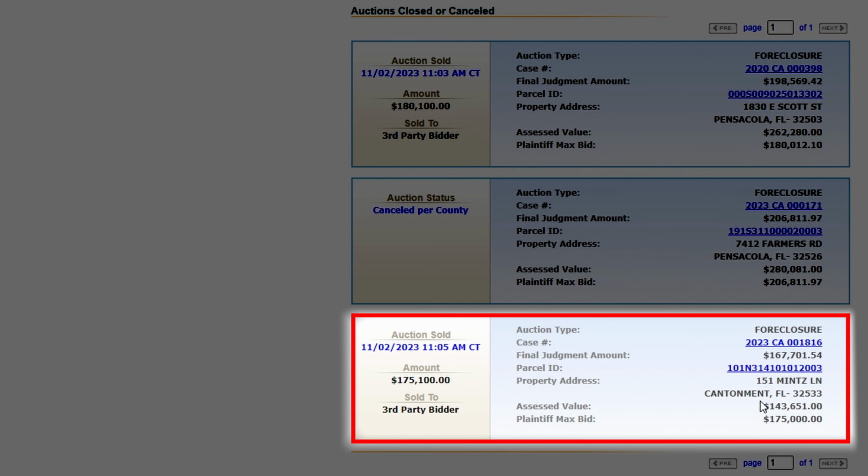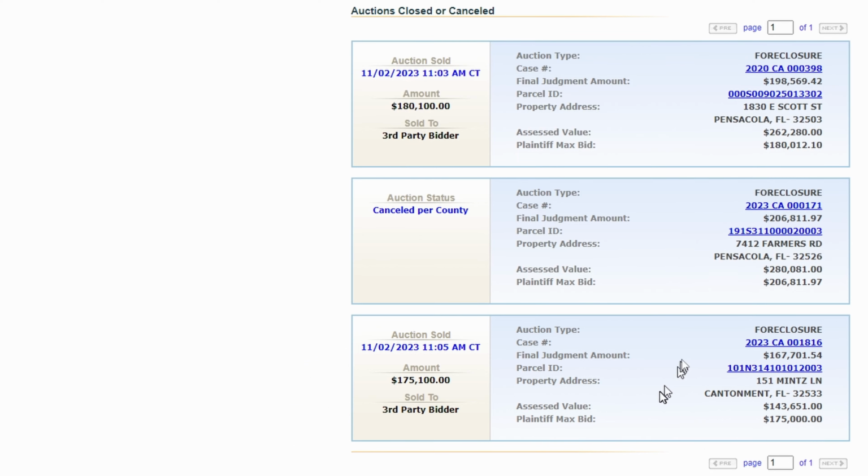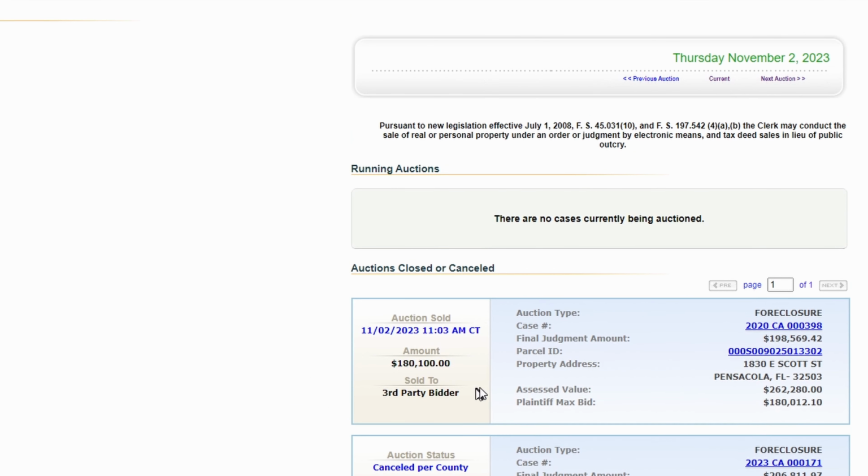So there's interest and other things that they're allowed to charge on top of that. That's why most of the time you're going to see a larger plaintiff maximum bid amount. This right here could be a big sign that a property has issues, like damage issues or something. Okay, so that's the easiest one. It's going to say third party and show you what they paid.